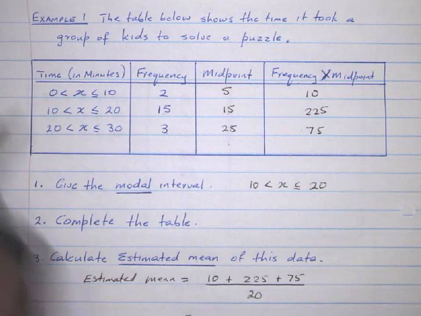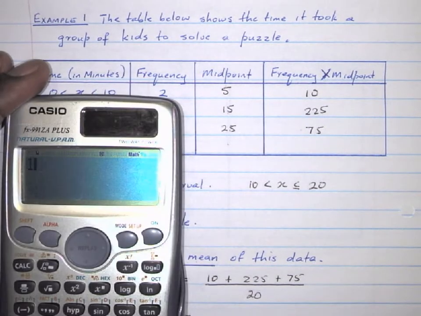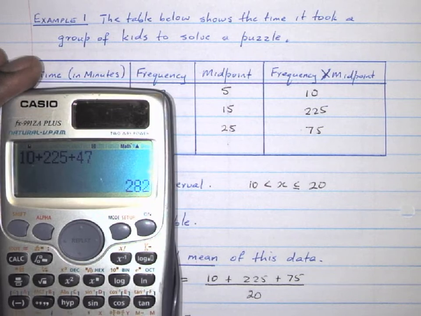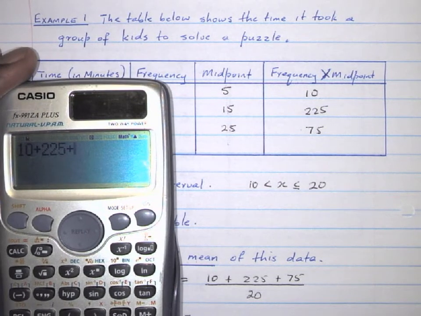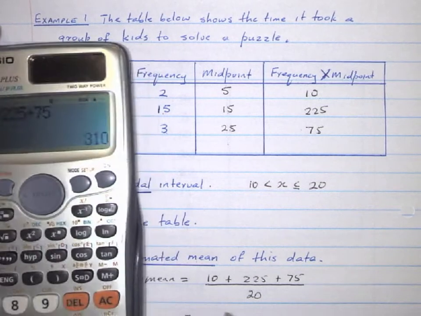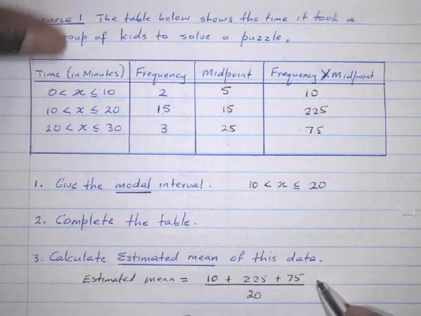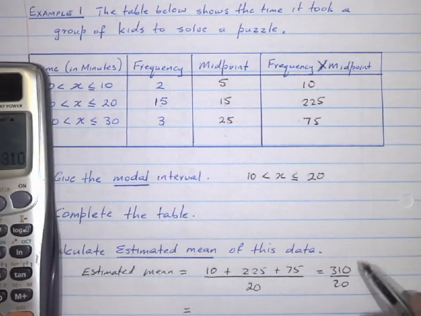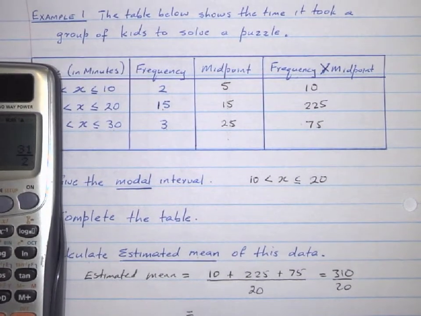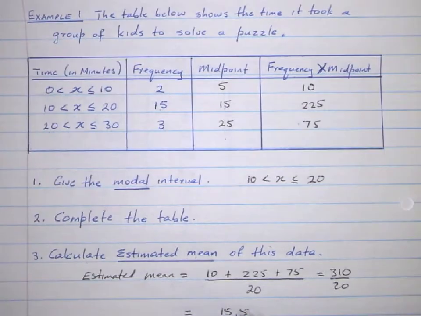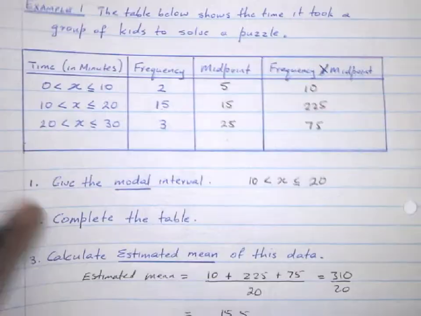So 10 plus 225 plus 75 gives 310, and 310 divided by 20 is 15,5. That is the estimated mean of group data.